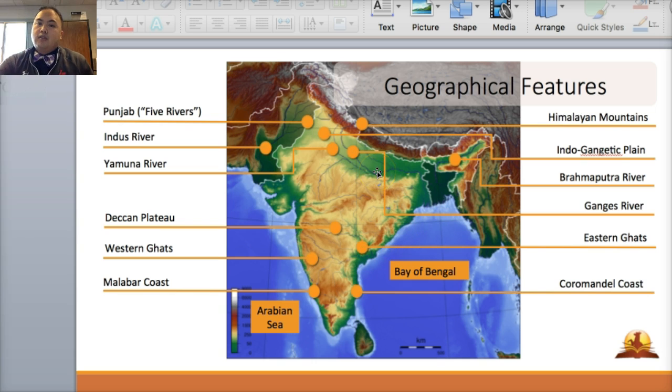One of the more famous Indian rivers that you'll hear is the Ganges River, which is here. The Brahmaputra River is here on the very far east side of India. The Indo-Gangetic Plain is on the north side of India. And then on the top, or the northeast, we have a very famous mountain range, the Himalayas.